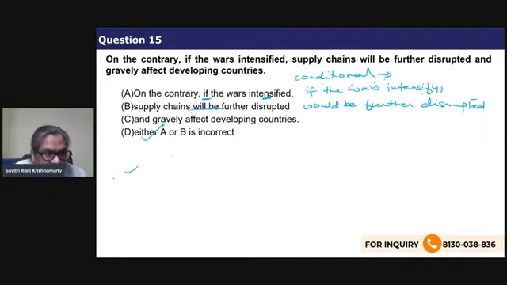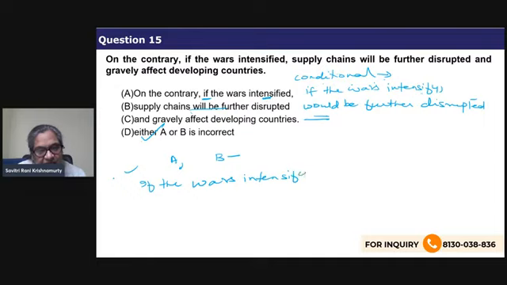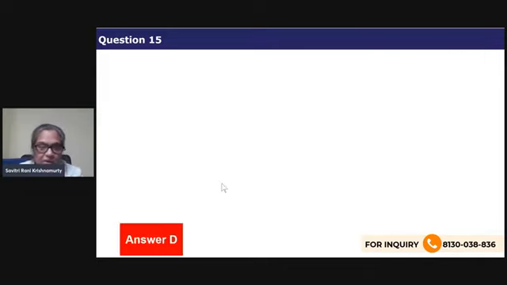D. If I keep A as it is, B has to be changed to this, right? Else, if I change A to if the wars intensify, then I will leave B as it is. So either A or B is incorrect. If you change one, that's enough. Therefore, the correct answer is D. Got it, all of you?